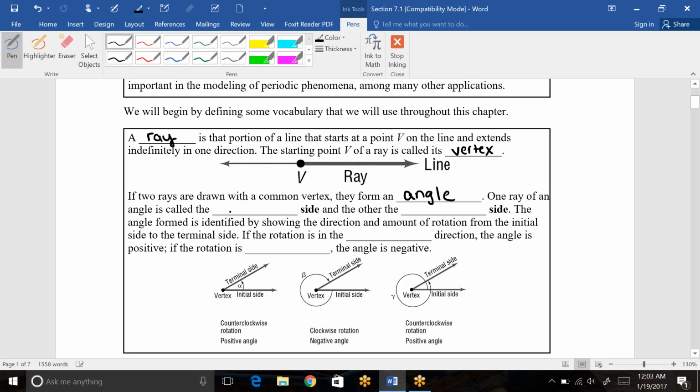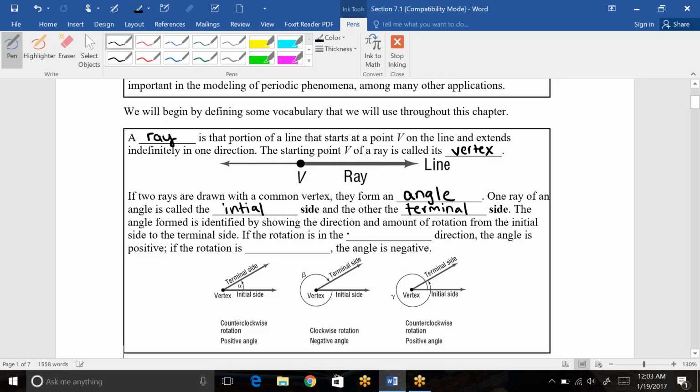One ray of the angle is called the initial side, and the other one is called the terminal side. The angle formed is identified by showing the direction and amount of rotation from initial to terminal side.